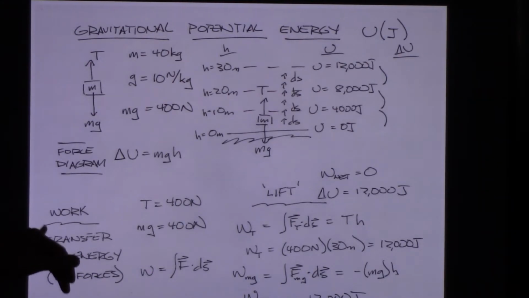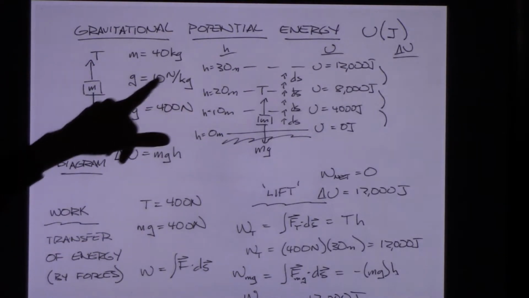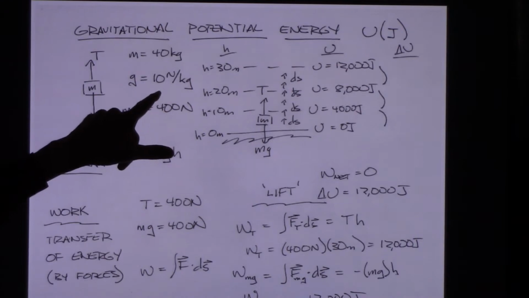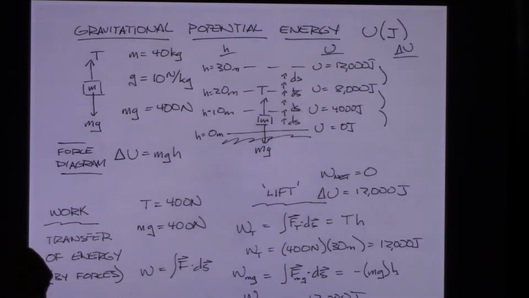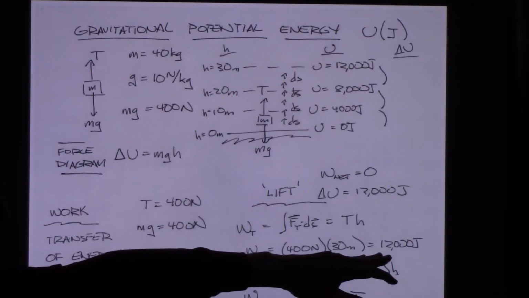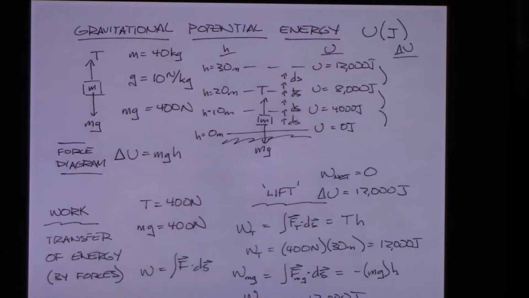Remember, work is a transfer of energy using forces. If I were to lift this 40 kilogram object to a height of 30 meters in a gravitational field of 10 newtons per kilogram, that's going to require me to do 12,000 joules of work. And you go, oh, that's the amount of potential energy.